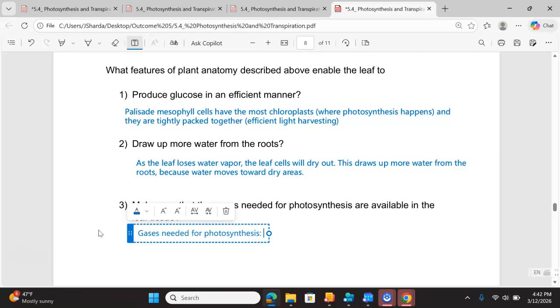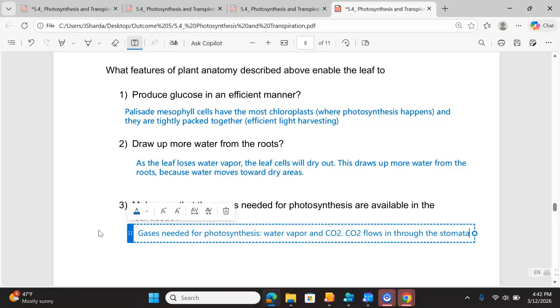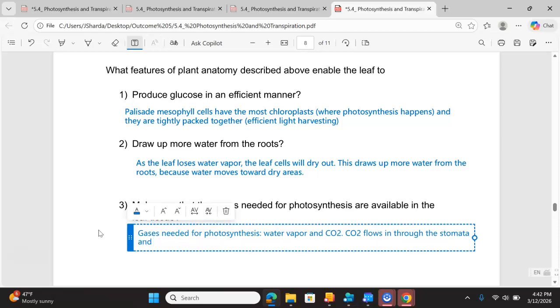We need water, maybe water vapor, and CO2, right? CO2 flows in through the stomata, and water comes up from the roots through the vascular bundle.